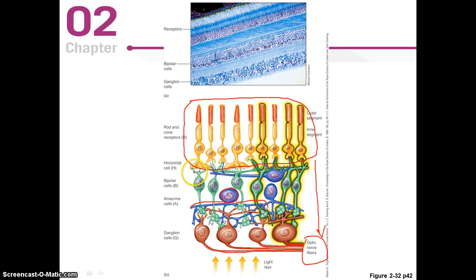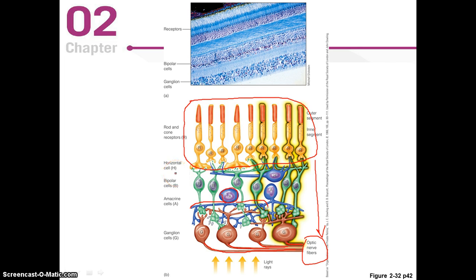Okay, so now that we've seen the layout of the retina, with rods and cones sending signals both vertically as well as horizontally, the reason that this is important is because it's contributing to something called convergence.